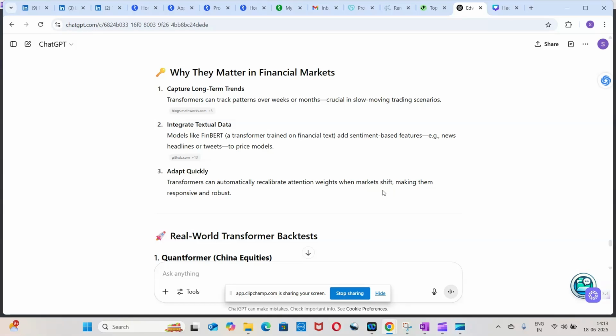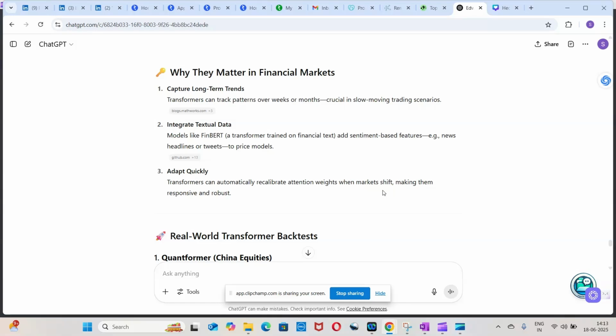The second thing is integrating textual data. Some models among these transformers, like FinBERT, are transformers trained on financial text. FinBERT can give a sentiment based on news headlines and tweets to the pricing models.